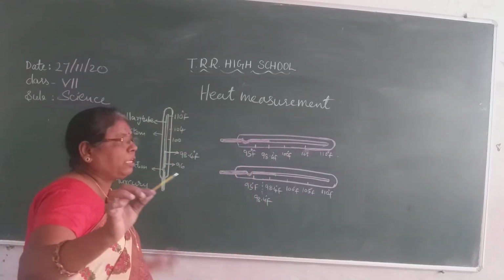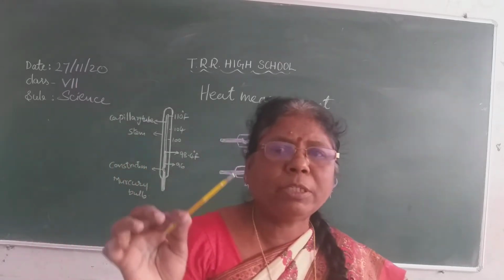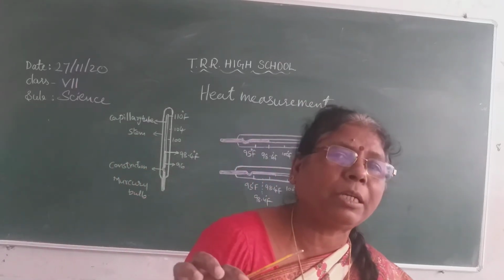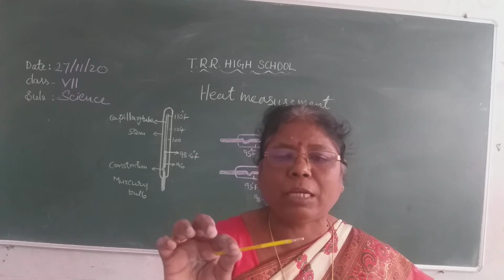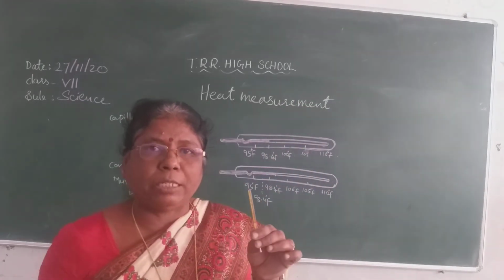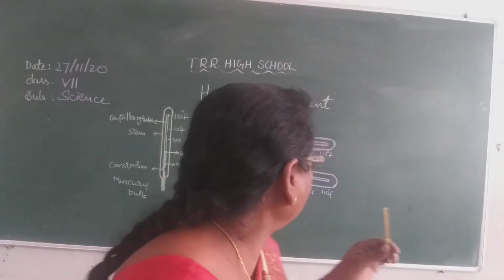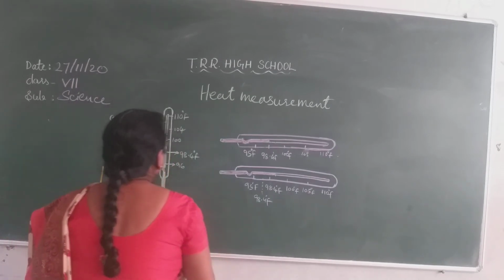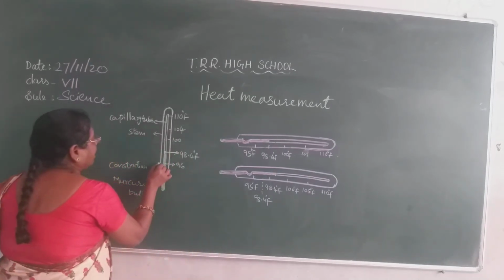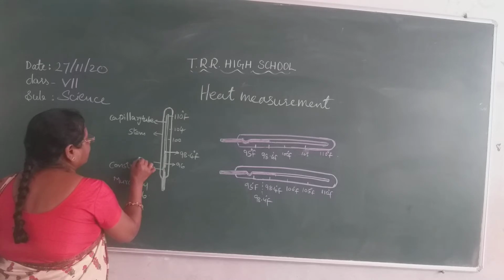See this clinical thermometer. What is the difference between the laboratory thermometer and the clinical thermometer? In the clinical thermometer you will get two scales, the Fahrenheit scale and the Celsius scale. Here it is the Celsius scale.